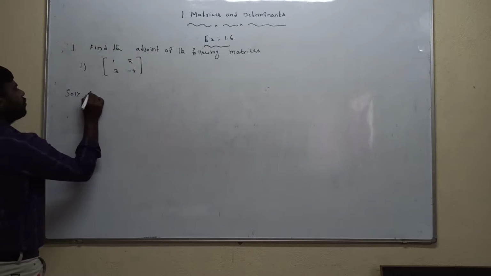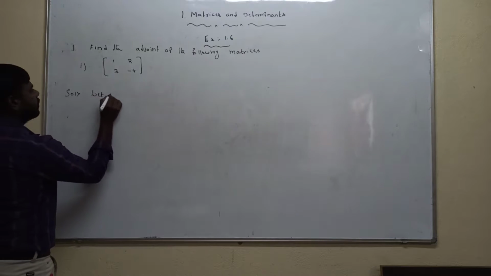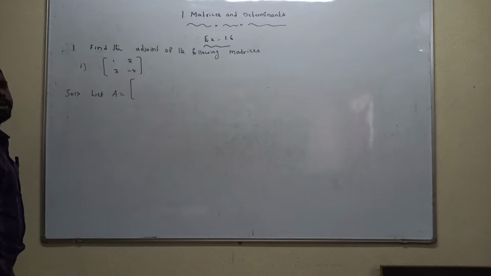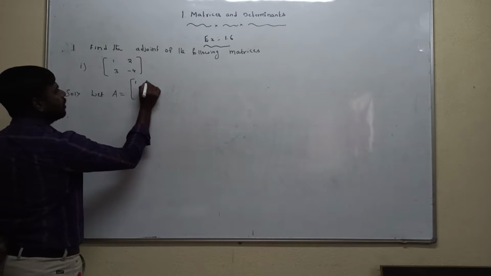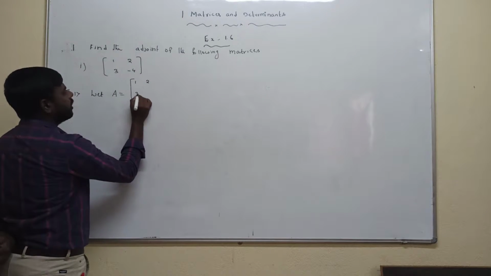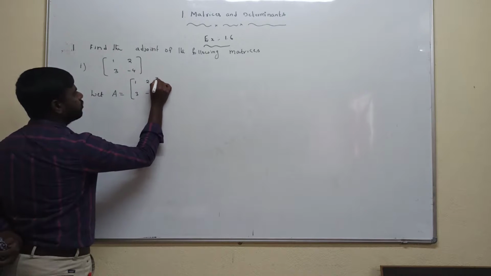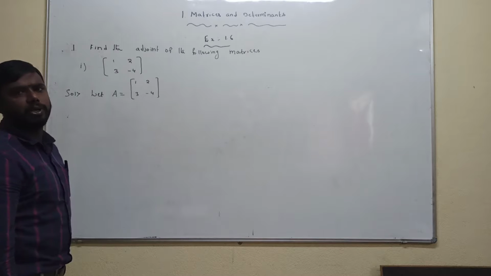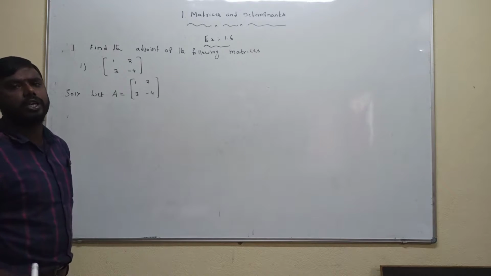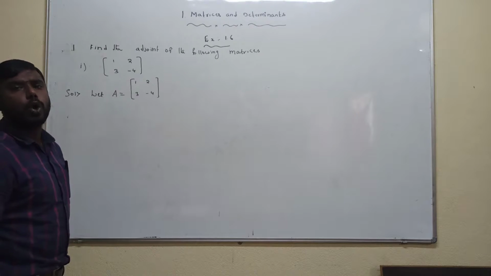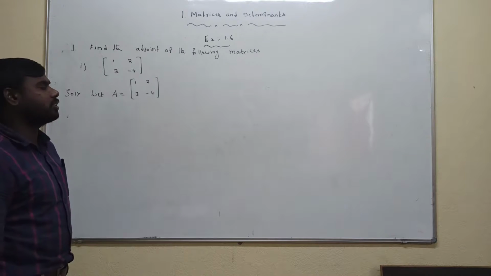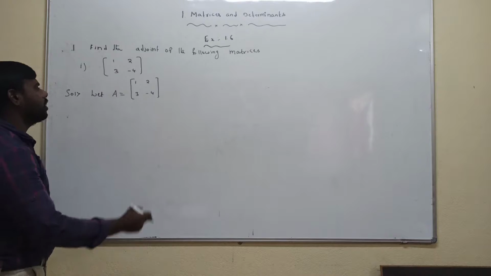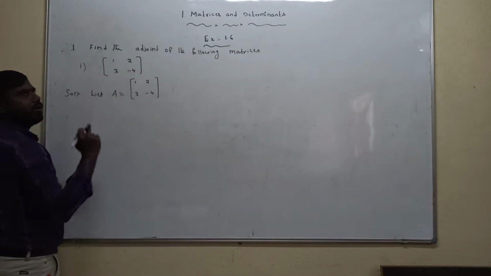Capital A is equal to 1, 2, 3, minus 4. What is the definition of the adjoint matrix? It means the transpose of the cofactor matrix. First we need to calculate the cofactors of every element.